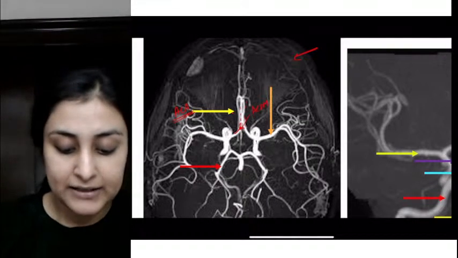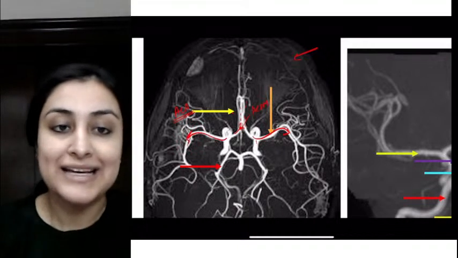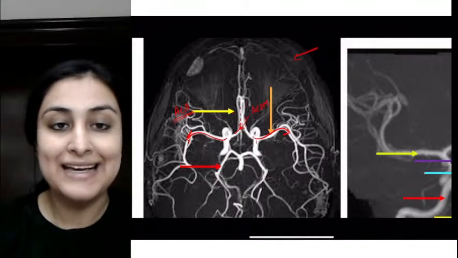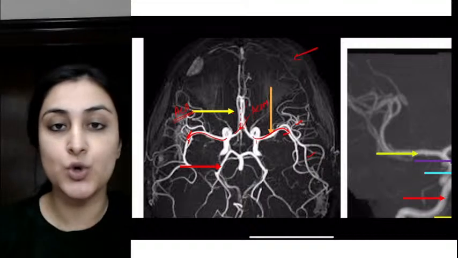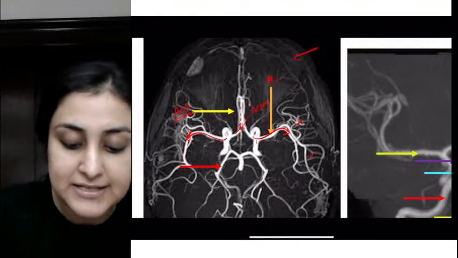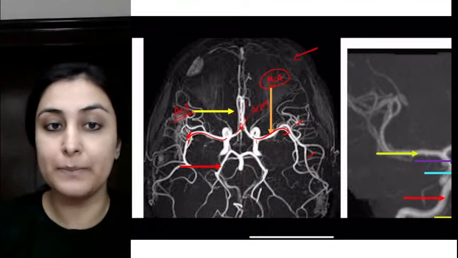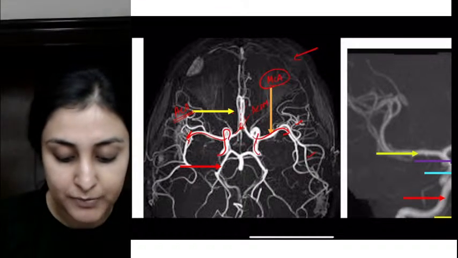On the other hand, the vessel of ICA, which does not take part in the formation of circle of Willis, going laterally in the sylvian cistern and then giving off these cortical branches, is middle cerebral artery, right? So here we have middle cerebral artery, not a part of circle of Willis. Here you can see the curved ICA on both sides, right?